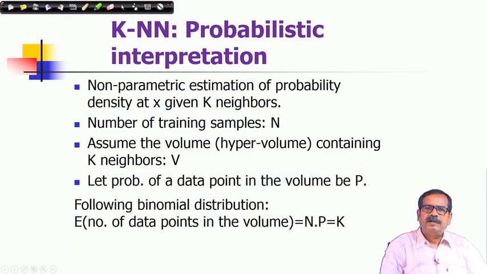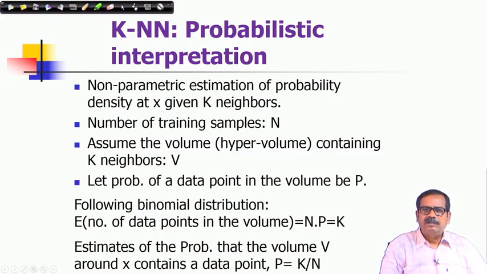Following a binomial distribution, we are sampling points, and with probability p a point can occur in that volume V. If we do this sampling n times, it follows a binomial distribution, and the expected number of data points in the volume is n times p, which should be equal to k. So, the estimation of p is very simple.